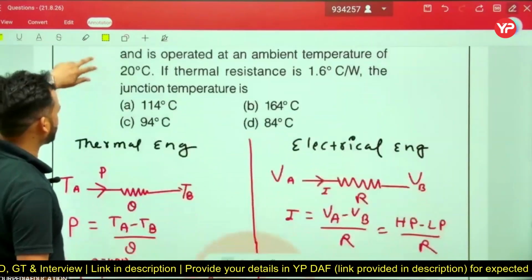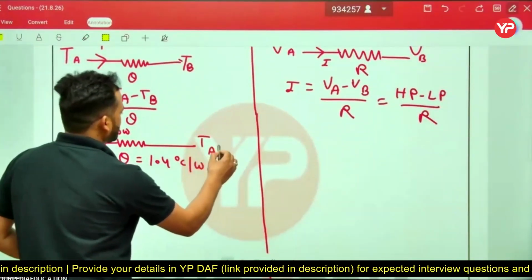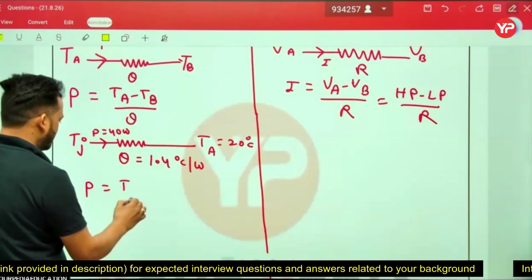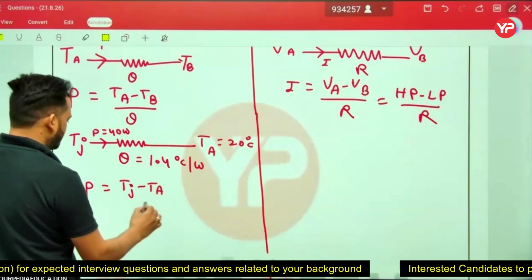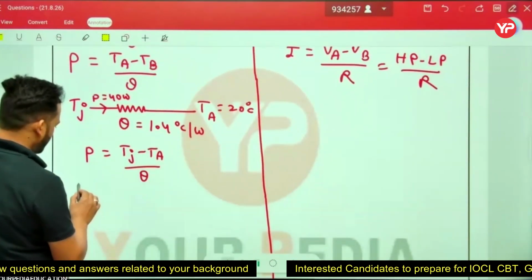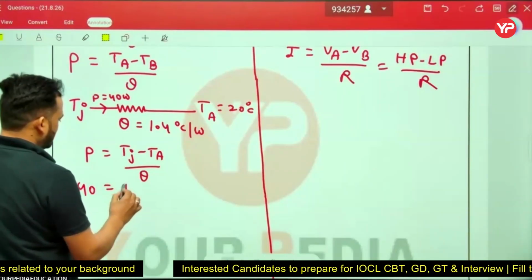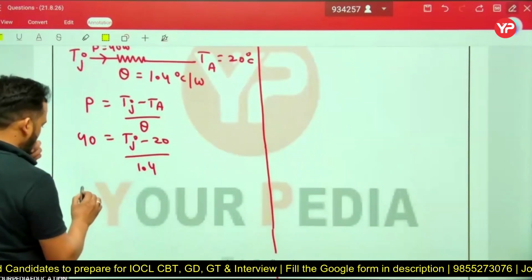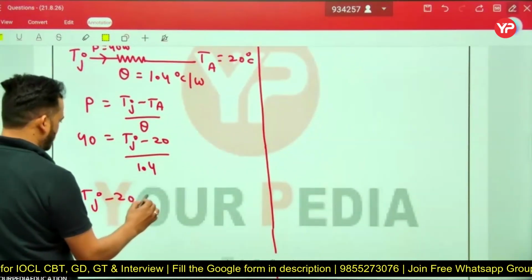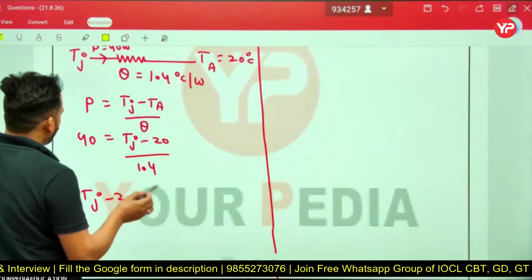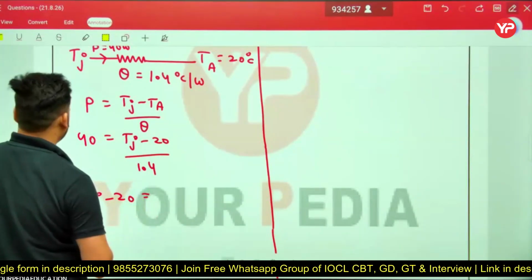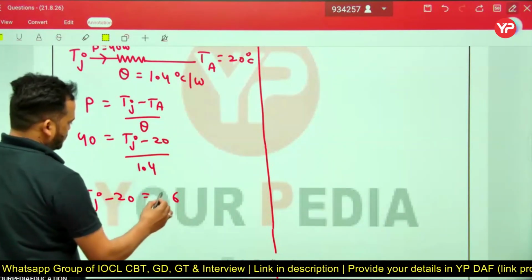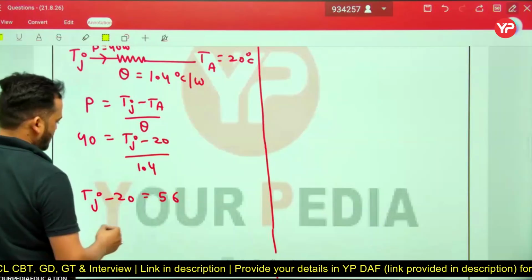And what is the junction temperature? Ambient temperature is 20 degree centigrade. See, P equal to Tj minus TA upon theta. P is given as 40, Tj is unknown, TA is 20 and theta is 1.4. So Tj minus 20 equal to 1.4 into 40, which is 56.